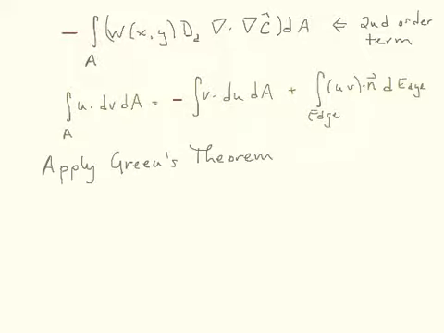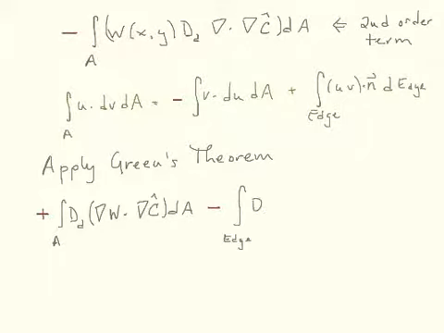We are going to have the integral of D sub d del w dot del c hat dA, minus, and I'll do the minus here and the plus here, because these signs have changed compared to what we're used to, because we have the minus in front of the d. So minus the integral over the edge of D sub d, which is the diffusion, of w del c hat dot n d edge.